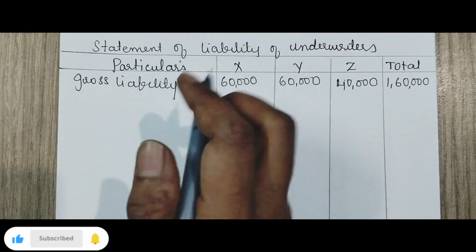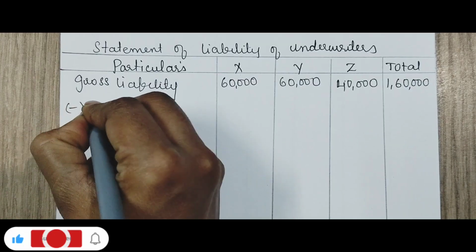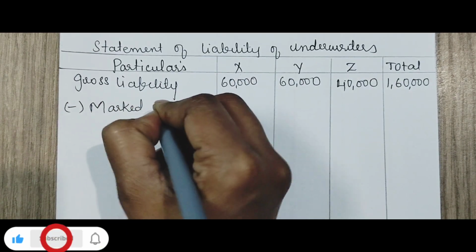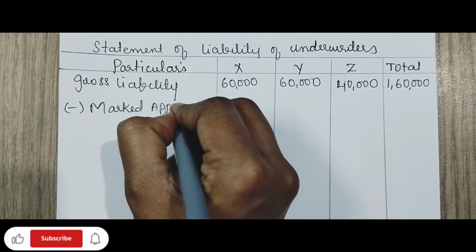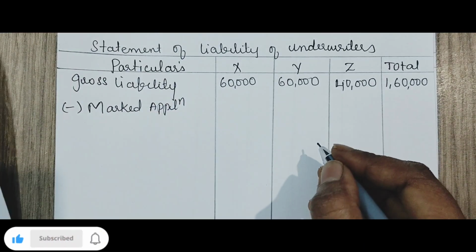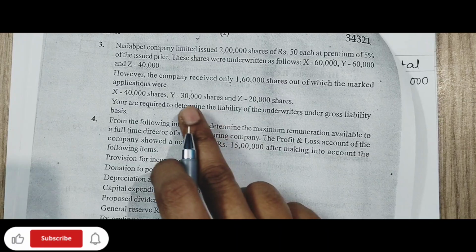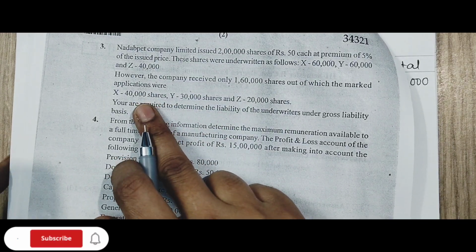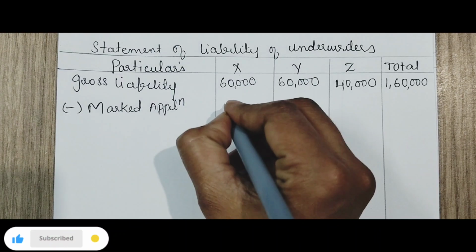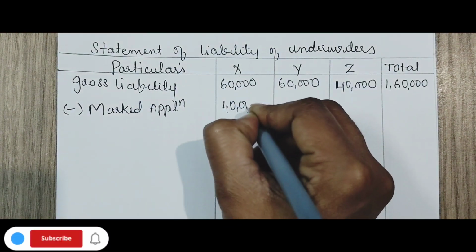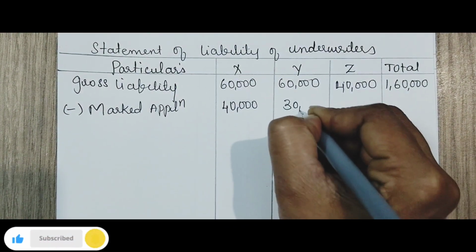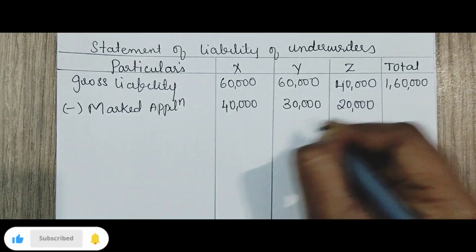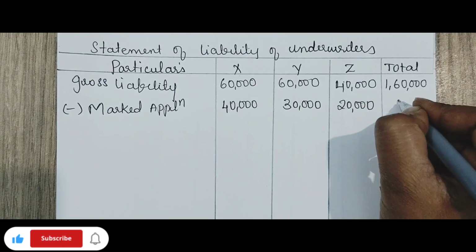Now from this gross liability, you need to minus marked applications. What is marked application? It is also given. Already I have said it is which bears the sign and seal of the underwriter. 40, 30, 20. Total is 70, 80, 90.